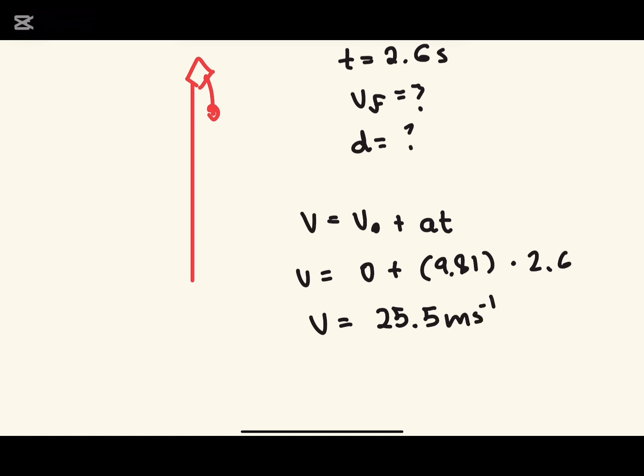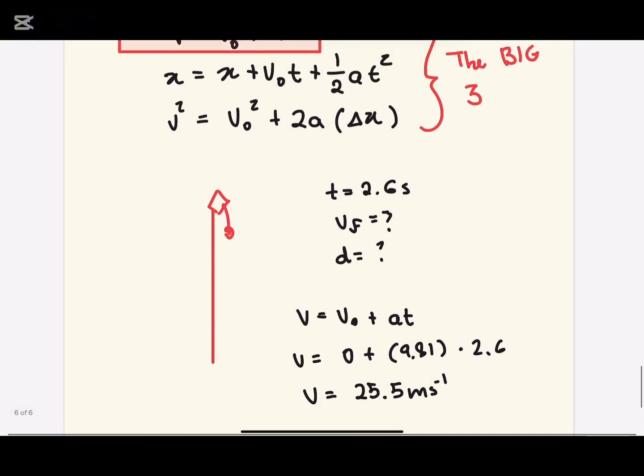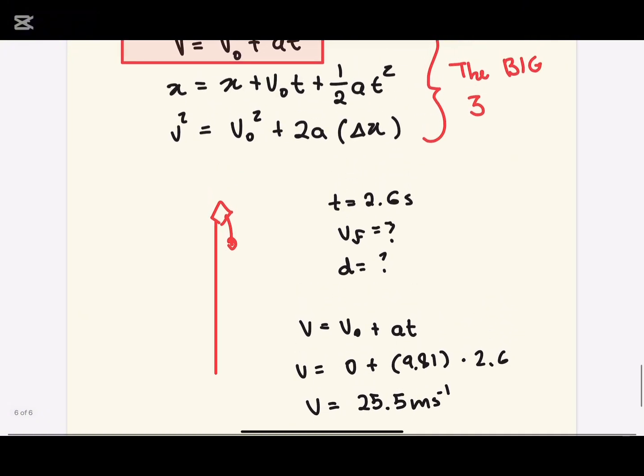Now we have one part of the solution, but how do we find the other part of the solution? Well, we don't have the distance, and we're trying to find it. And so we could use this equation right here, the third of the big 3.